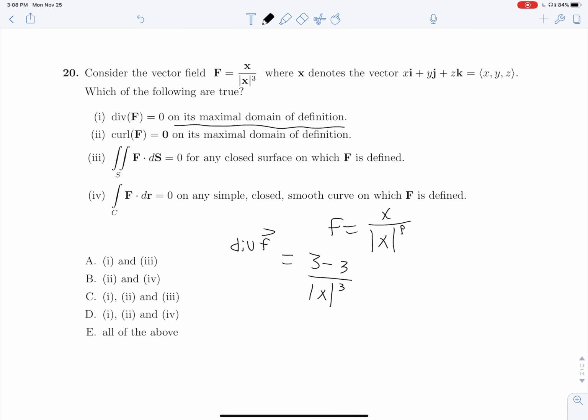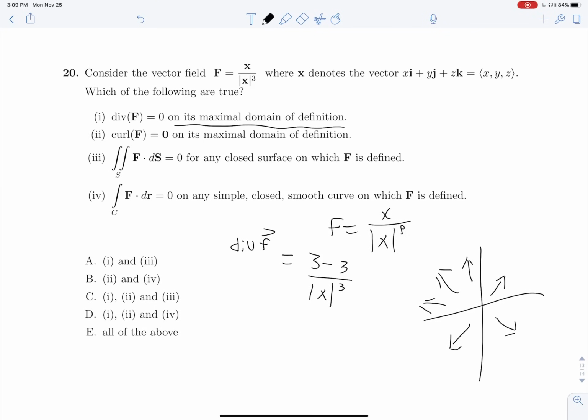Okay, moving on. Curl of f is 0 on its maximal domain of definition. Well, we're dealing with a purely radial vector field, so for every point, its tail is going to be pointed directly back at the origin. And so hopefully you can see how, doesn't matter what size of surface we put around this, there is no curling happening anywhere.